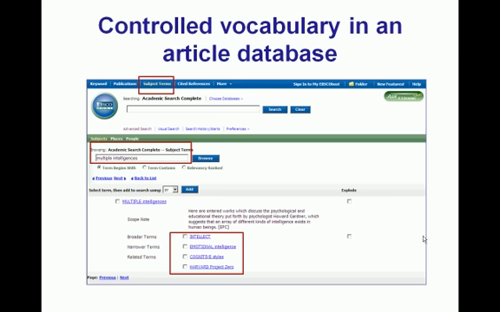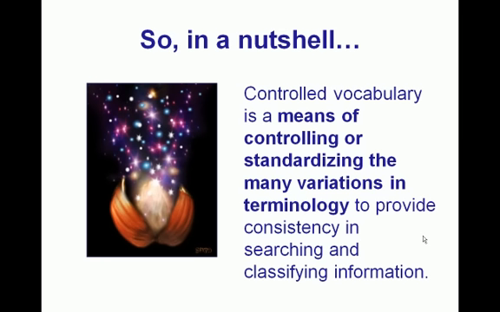So, as you can see, these are all possible ways to search to find records broadly related to multiple intelligences, narrowly related to multiple intelligences, and just almost synonymous even with multiple intelligences. So, in a nutshell, controlled vocabulary is a means of controlling or standardizing the many variations in terminology to provide consistency in searching and classifying information.